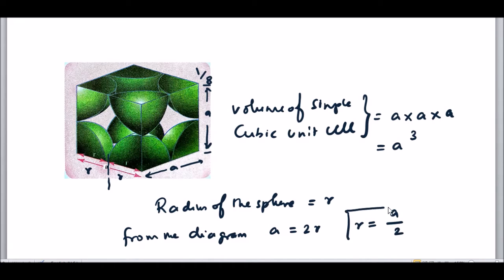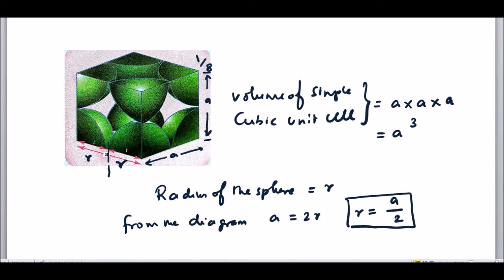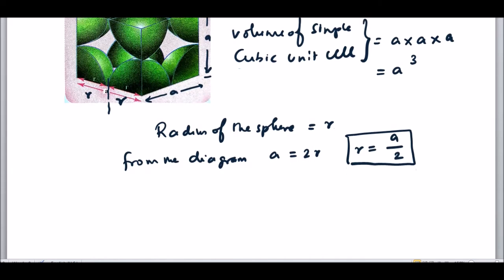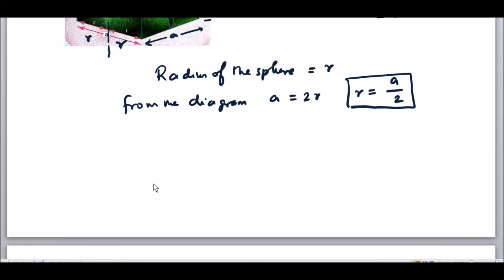So that's the relationship between the radius of the atom and the edge length. It clearly shows that when the edge length is divided by 2, you will be getting the radius of this particular sphere or radius of the atom. And by using this radius, we can calculate the volume of the sphere.